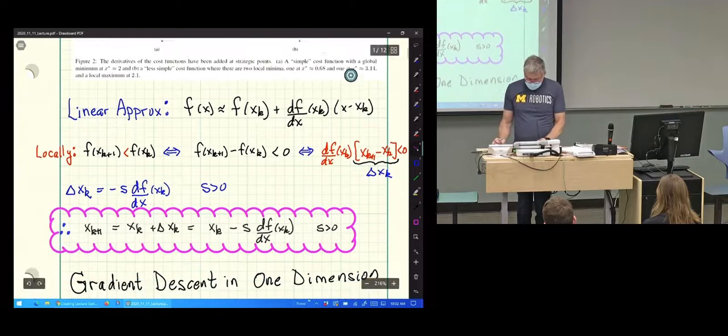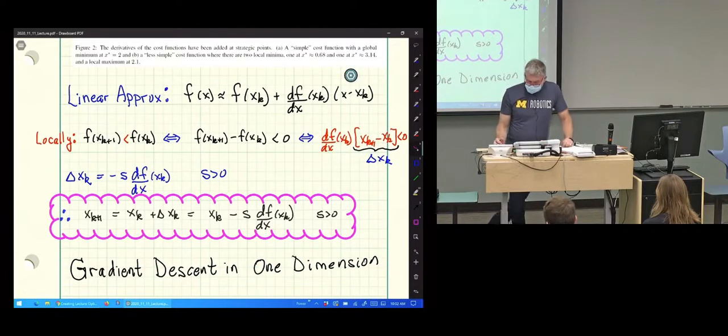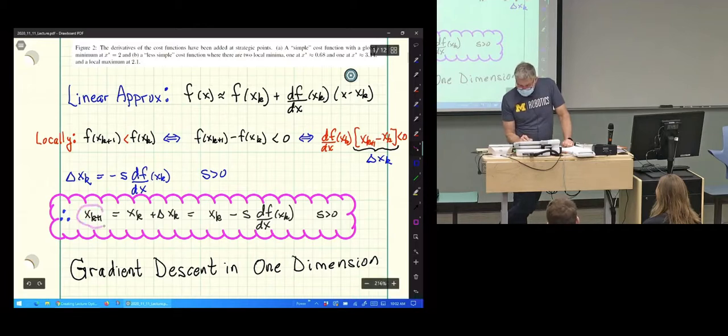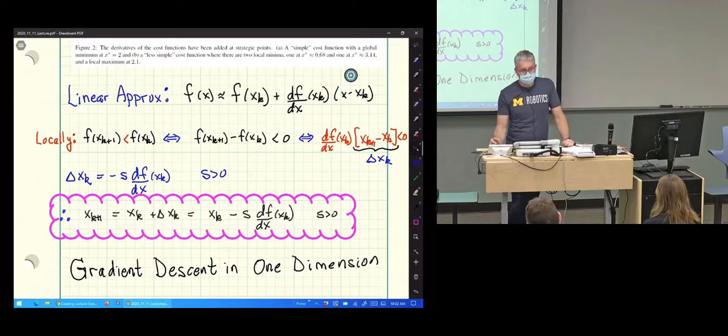Okay, so this is where we basically left off, and I just wrote down extremely quickly that, yep, it looks like the algorithm is xk plus 1 equals xk, and then you want to go in the opposite direction of the derivative, and then the step size we're not really sure, so we'll just let that be some small positive number.